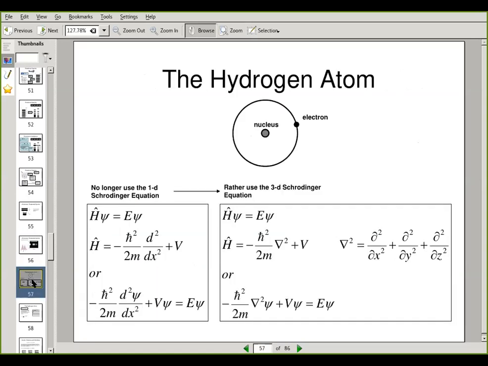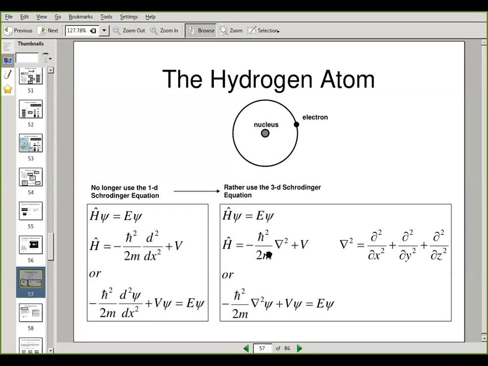Right. So in the hydrogen atom, the only way to find out how this electron is moving around the nucleus is to use the three-dimensional Schrodinger wave equation. So already I'll just alert you that it is much more complicated. Now we've got a three-dimensional del squared operator instead of a d2 by dx squared.